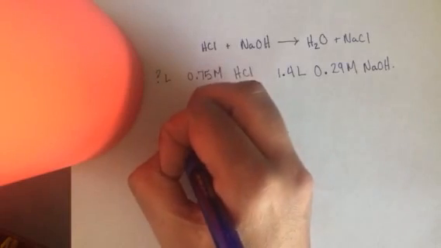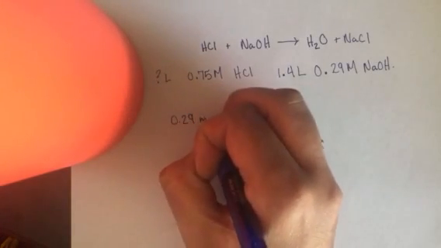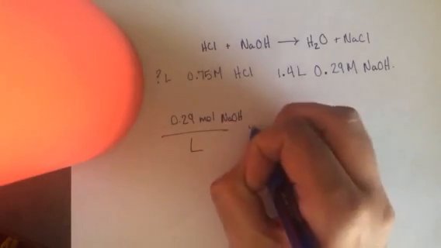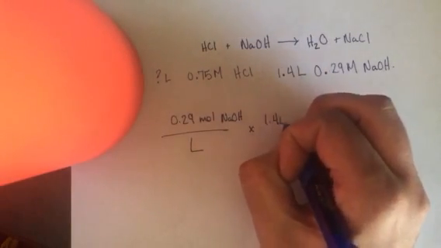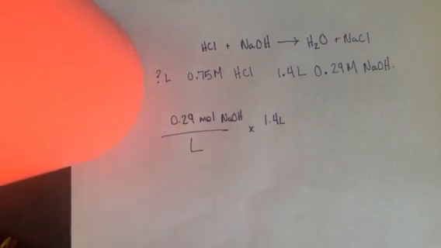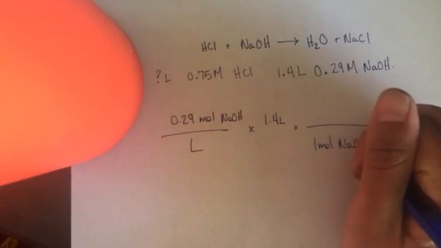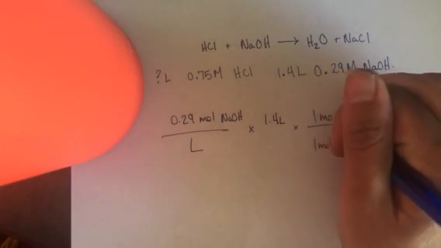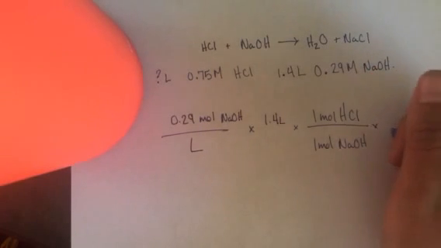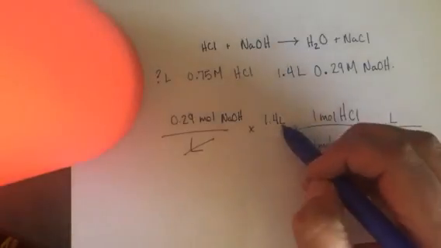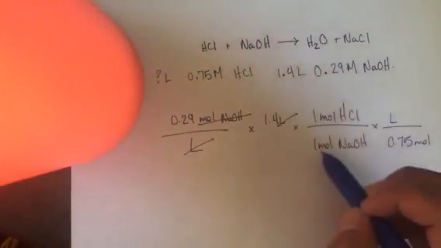So if I have 0.29 moles per liter of NaOH, and I have 1.4 liters of it, and for every 1 mole of NaOH, I use 1 mole of HCl, which is a 0.75 mole per liter solution, then I have canceled out these liters and moles of NaOH.